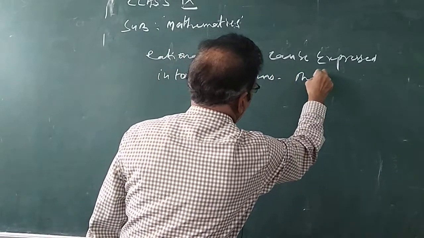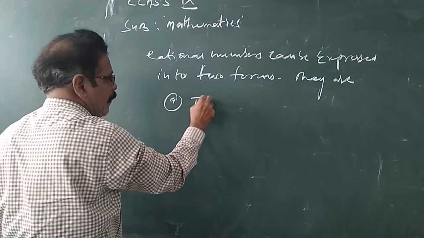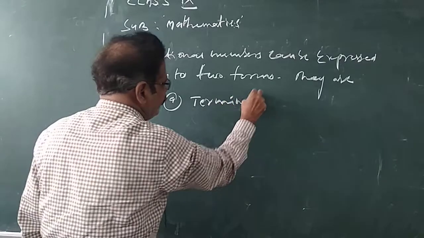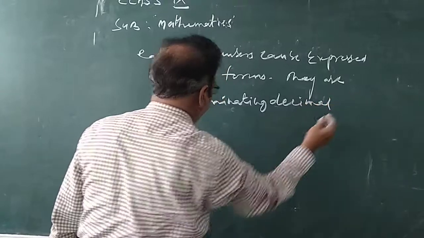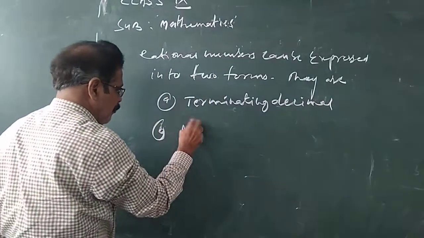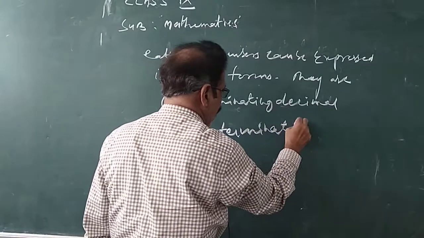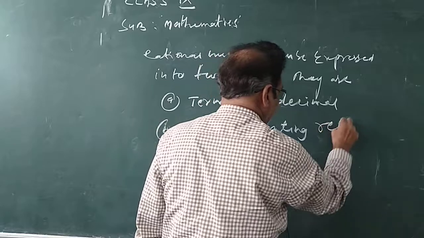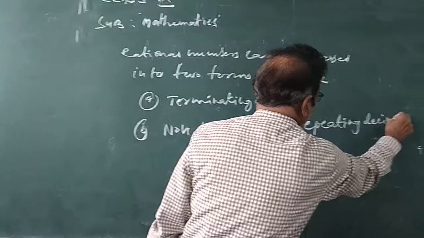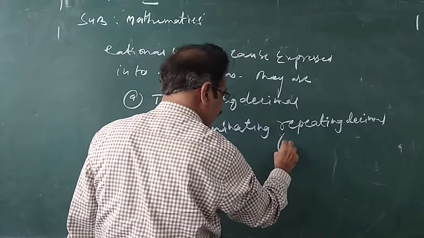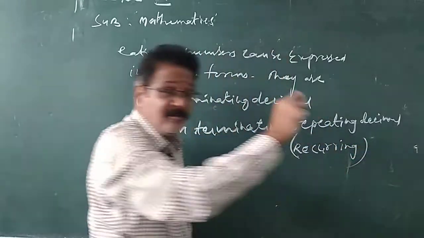They are A. Terminating decimal. B. Non-terminating repeating decimal. The other name of repeating is recurring, you can say recurring also.